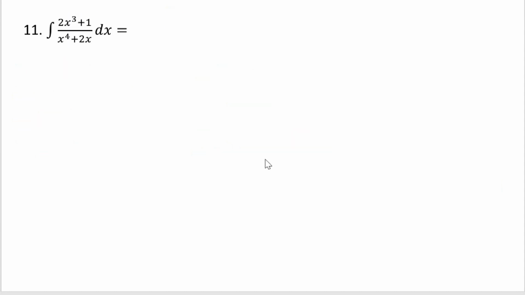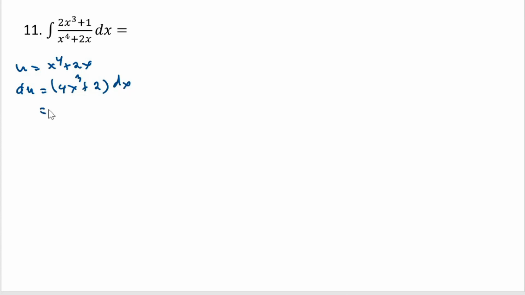Okay, in number 11, the integral of 2x cubed plus 1 over x raised to the power 4 plus 2x dx. The difference between that and example number 10 is that the denominator has no power of 3. In that case, we will try again u as x raised to 4 plus 2x. And du now equals 4x cubed plus 2 dx.